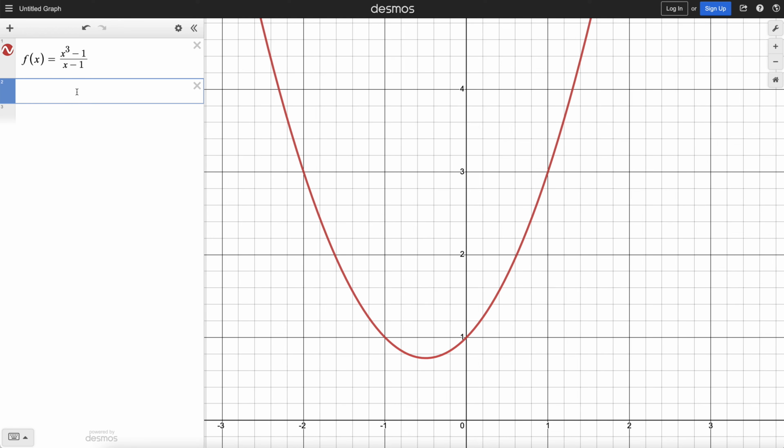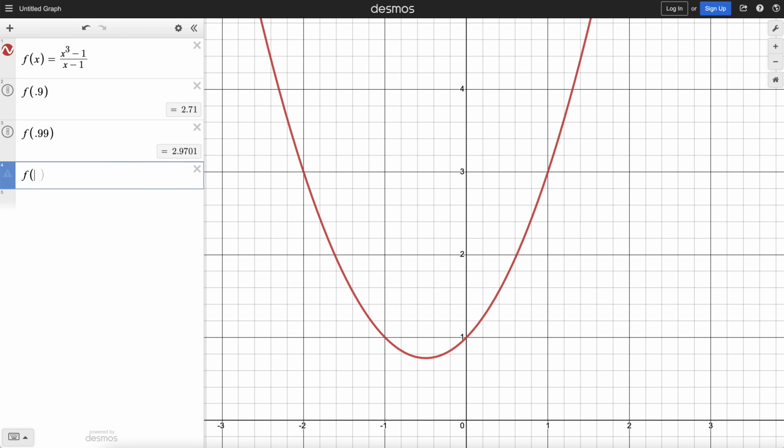So now I simply do f of 0.9, and it tells us we get 2.71. So that's what would go in the table. Next, we want f of 0.99, so we say f of 0.99, enter, right, 2.97. And it's much quicker to do it this way than to sit tapping it into your calculator again and again and again.